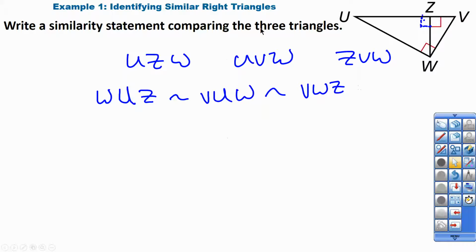Now, if that was too confusing for you, it might actually help if we sketch it out individually.